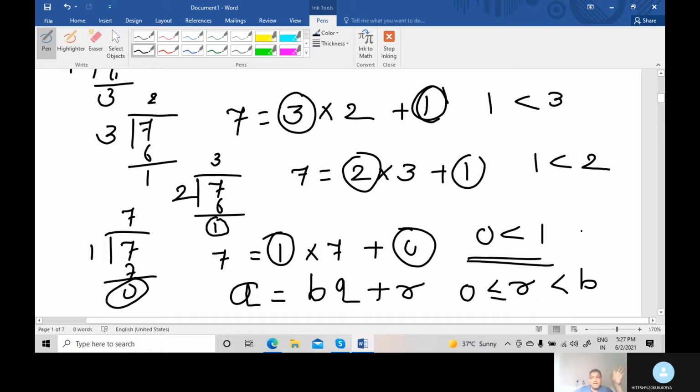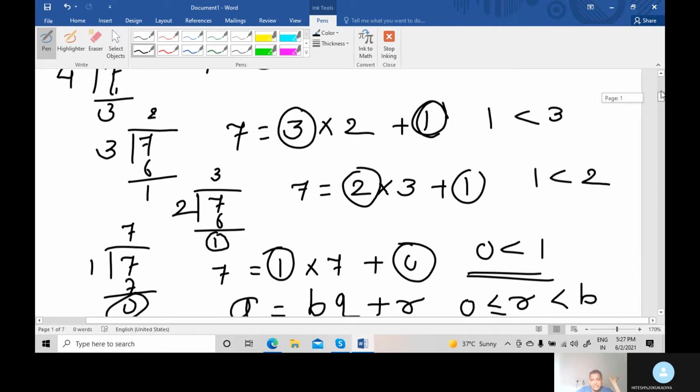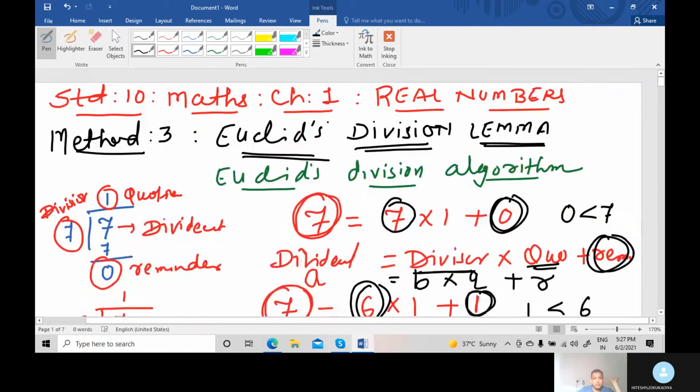By this method, Euclid's division algorithm, you can find only and only HCF, highest common factor or greatest common divisor. Both are the same words. We can't find LCM here. We find only and only HCF or GCD by this method.